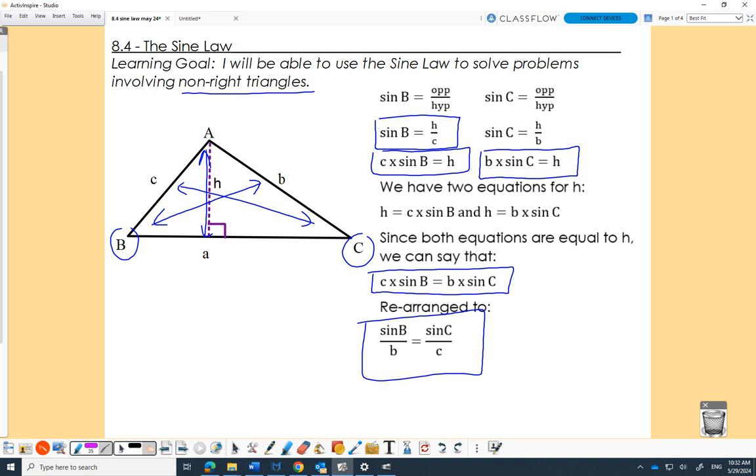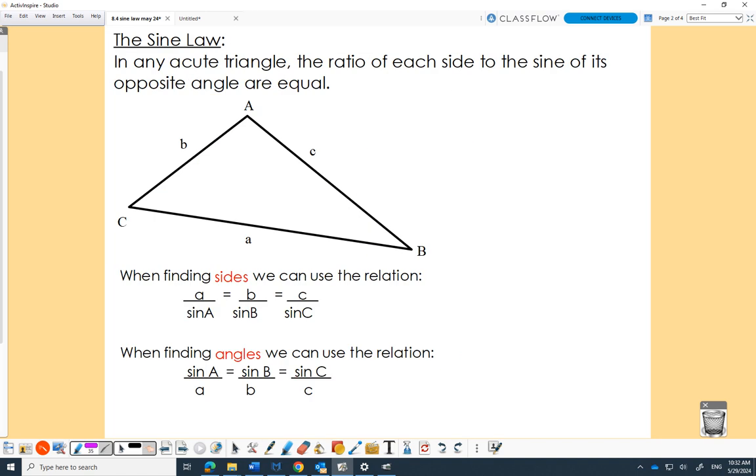Some details. Get your pencil out. The sine law: in any acute triangle, the ratio of each side... it's the wrong word. It doesn't matter, but it doesn't have to be acute. This word's supposed to be oblique.